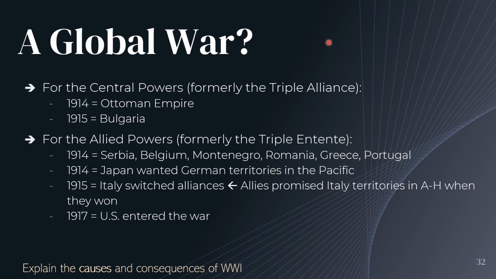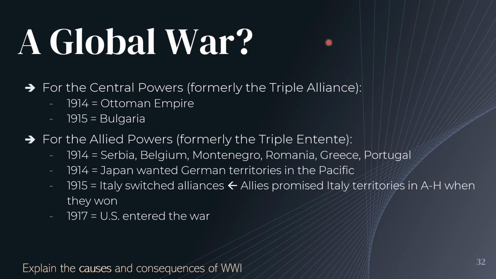Well, Europe, North Africa, East Asia. Now we've got Italy switching alliances because the Allies tell Italy that those parts of Austria-Hungary that are actually Italian, because they've got all these Italians living there, we'll make sure that you get those when we win the war if you fight with us.